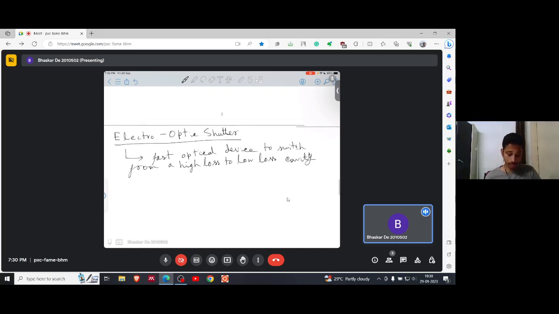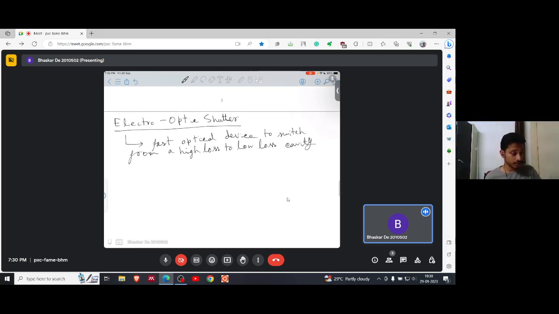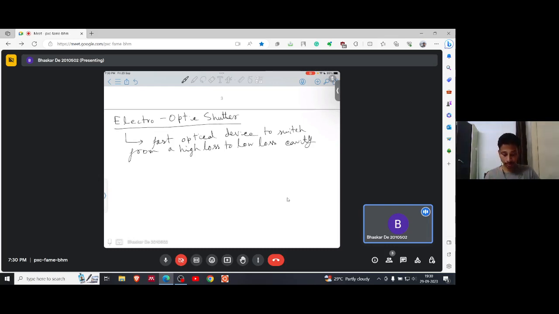So the property of the electro-optic shutter is basically an electro-optic crystal that becomes birefringent when an electric field is applied across the crystal. So basically there is a crystal and this crystal becomes birefringent when electric field is applied.